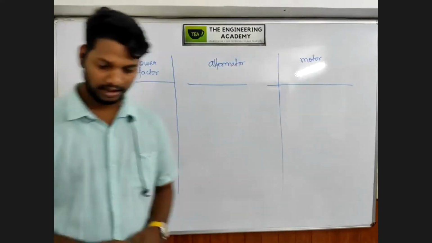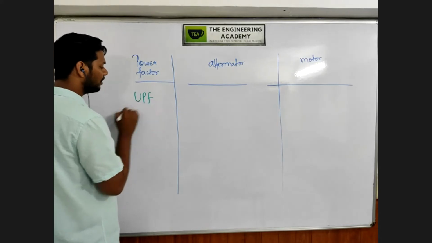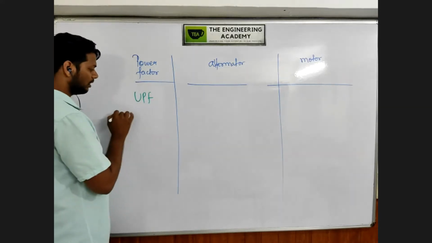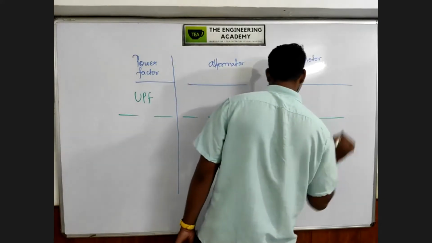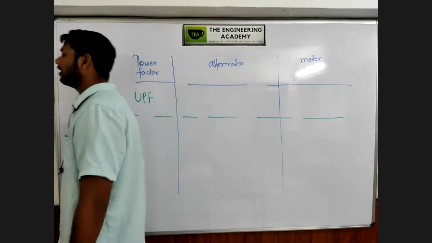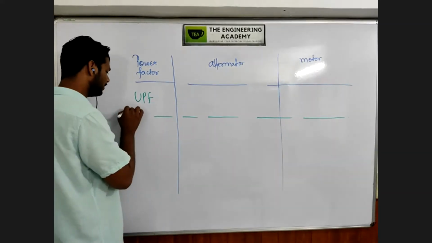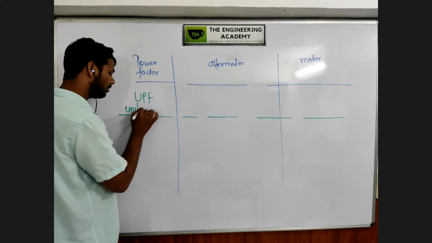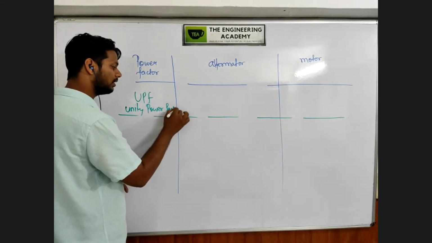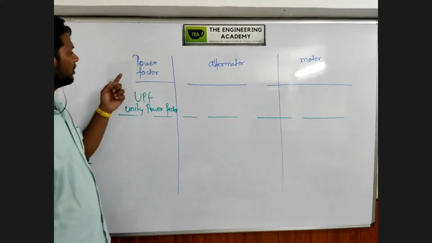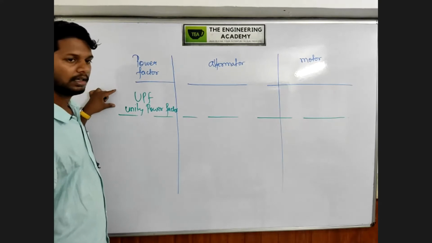Okay, listen. When power factor is UPF, what do you mean by UPF? I will write in shortcut, please note down in full form also, so that when you see it later, you understand what UPF means. UPF means unity power factor.